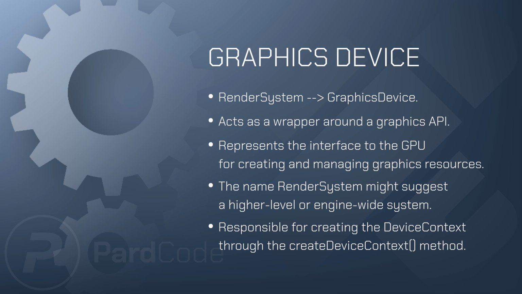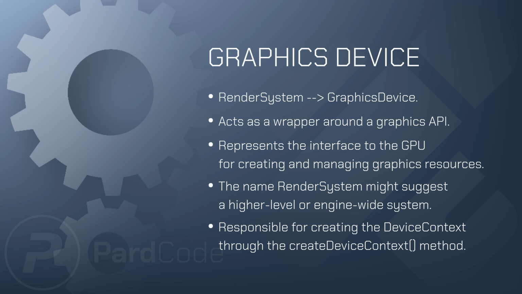The name render system might suggest a higher level or engine-wide system that could include other high-level features, not just low-level GPU interaction. That said, since the graphics device is the software component responsible for managing the graphics API and handling its resources, we will also give it the role of creating the device context.